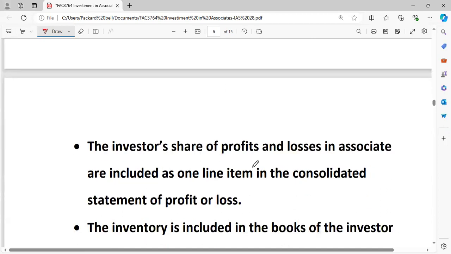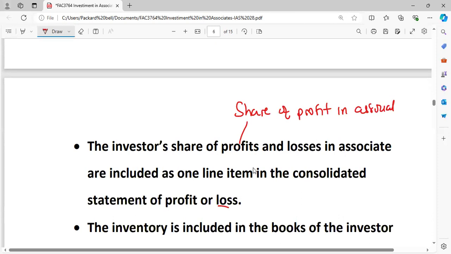He's the one who is going to make the profit. The investor's share of profit and losses in associate are included as one line item in the consolidated statement of profit. This is where we call share of profit in associate.